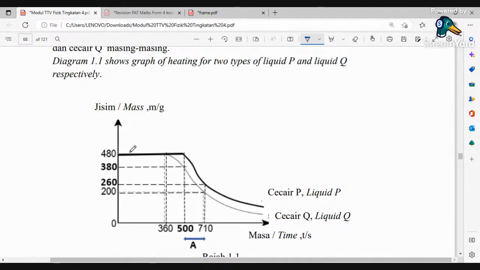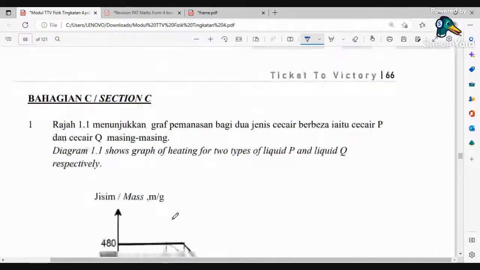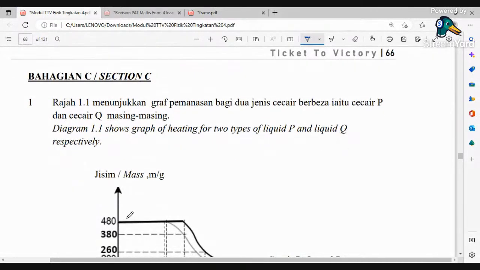Ini ialah gas, P, dia explain di sini heating curve for liquid. So means liquid change to steam.